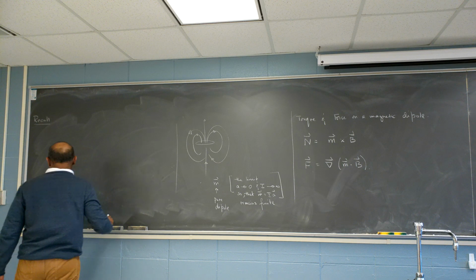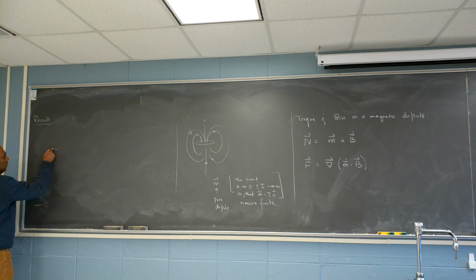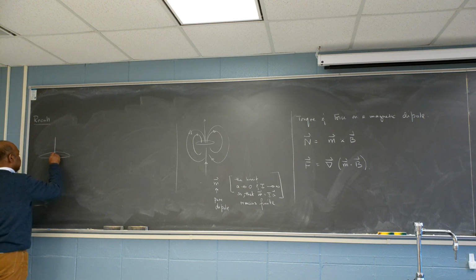So here is my dipole. Look, it's very small. Oh, let me make it like this. Okay. And here's the current passing through it. I'm going to place the coordinate system here.